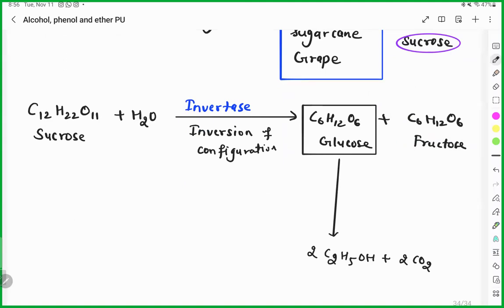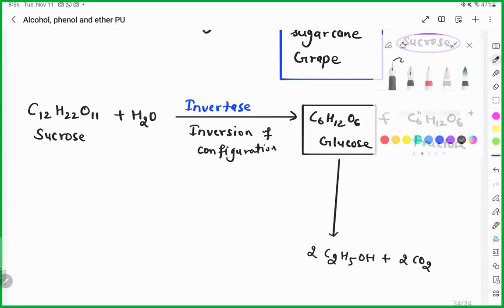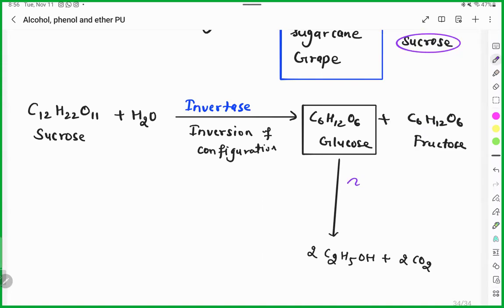No, sir. That's why it is an anaerobic process, a fermentation process. The enzyme used here is zymase enzyme. It can be asked which enzyme is used to convert glucose into ethanol, or which enzyme converts sucrose into glucose. What is the source of wine?